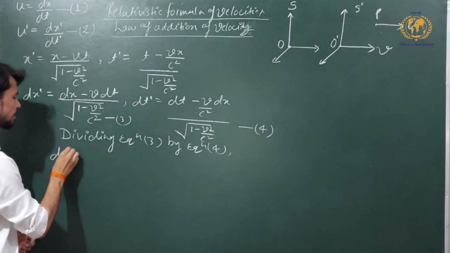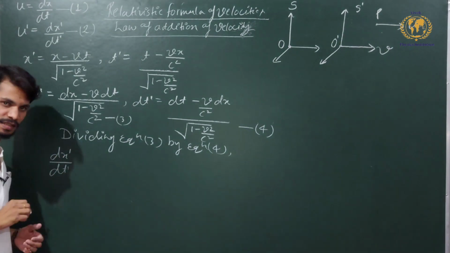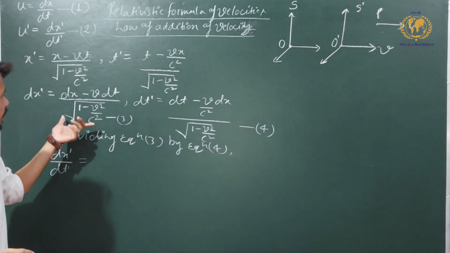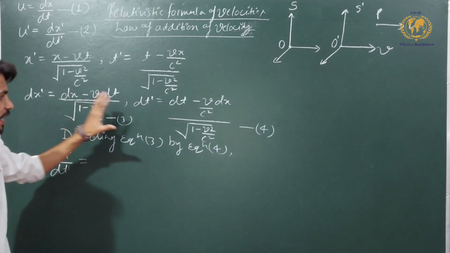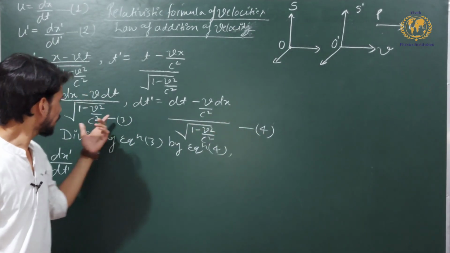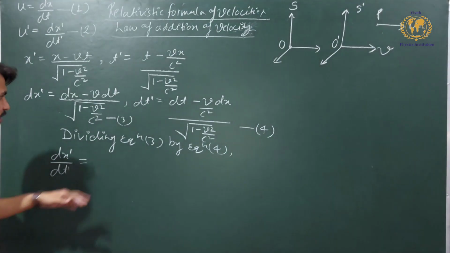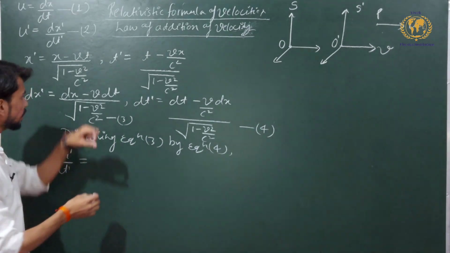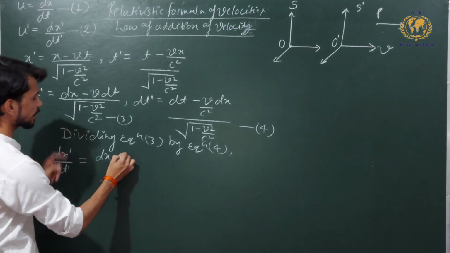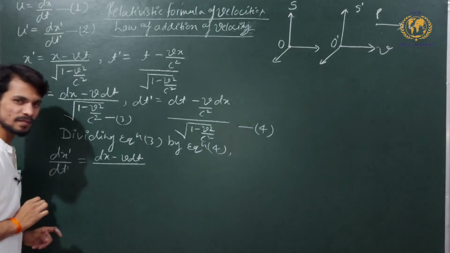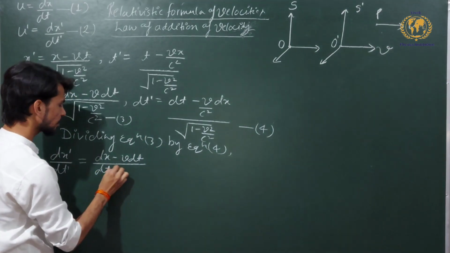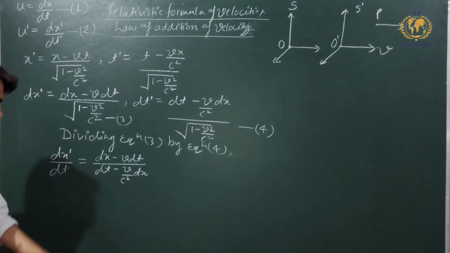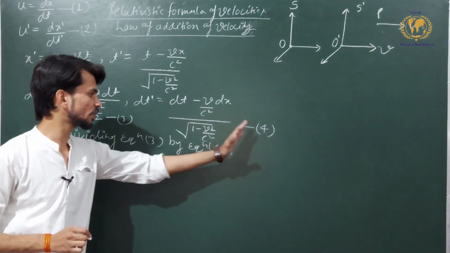We will get dx dash over dt dash equal to, you can see here that the numerators of equation number 3 as well as equation number 4 are the same, so they will cancel out on dividing the equations. So I am only writing the numerators' quotient. That will be dx minus v dt divided by dt minus v upon c square multiplied by dx. So this is the quotient of equation number 3 divided by equation number 4.